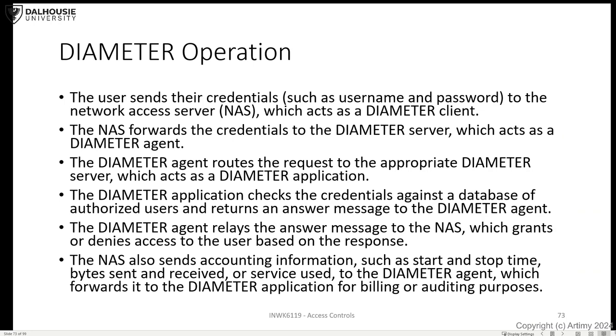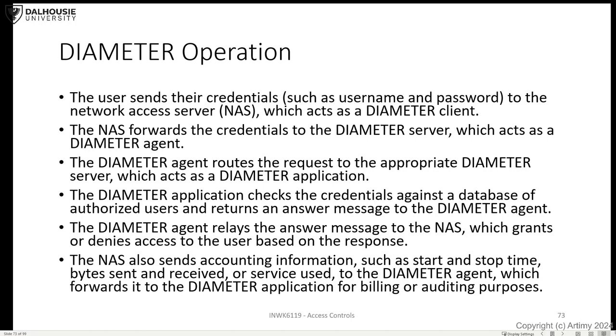Okay, so the Diameter operation works this way. The user sends their credentials to the NAS, and the NAS forwards the credentials to the Diameter server, which in this case we call the agent. The Diameter agent routes the request to the appropriate Diameter server, which is the Diameter application.